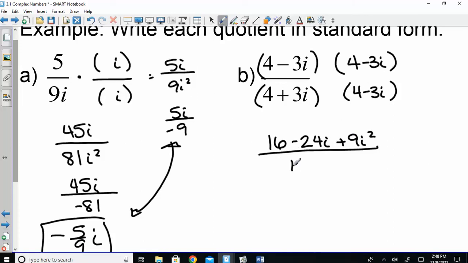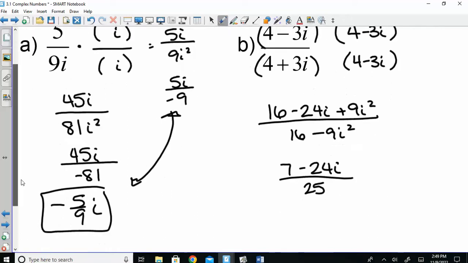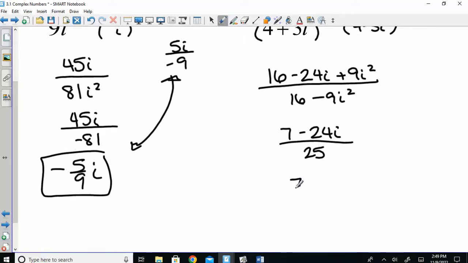On the bottom, they're conjugates, so just first and last. 9i squared is negative 9, so 16 minus 9 is 7 minus 24i. Negative 9i squared is positive 9, so 16 plus 9 is 25. So break it apart for the standard form: 7 over 25 minus 24 over 25 i.